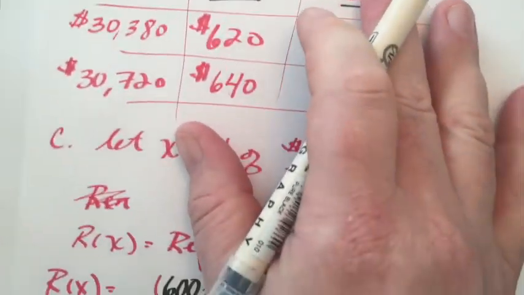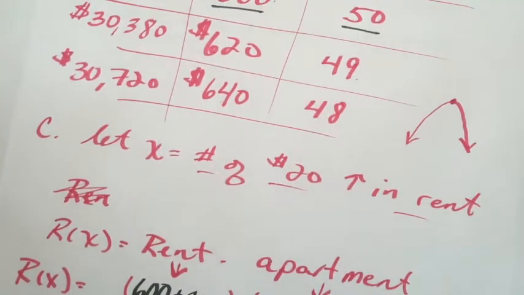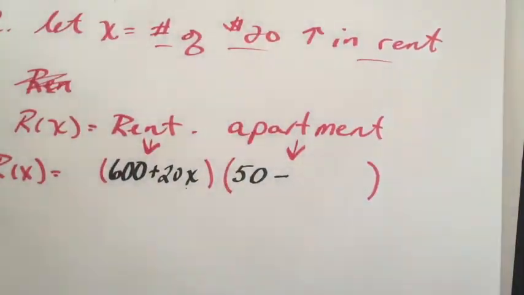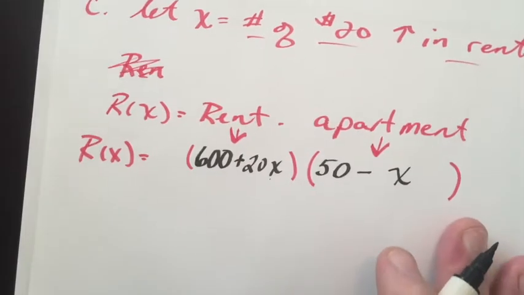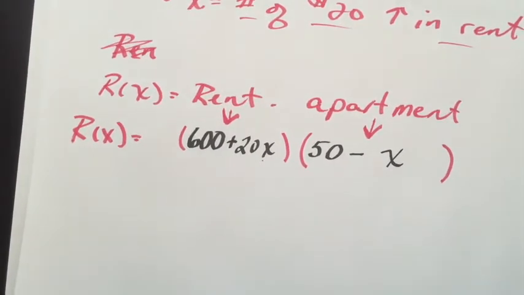So for every X, for every $20 increase, how many apartments do we lose? We lose one X. And from there, we're able to develop our revenue function. Now it's a matter of foiling. From foiling, we can collect like terms, and then we will have our quadratic or our parabola.